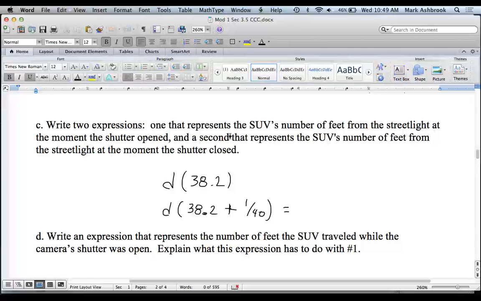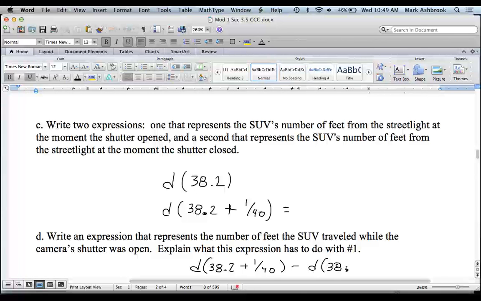All right, so what about the distance the truck traveled while the shutter was open? Yeah, Ryan. The final distance minus the initial distance. So tell me the whole expression. So d of 38.2 plus 1/40, minus d of 38.2. What do you think? And what does that have to do with number 1?